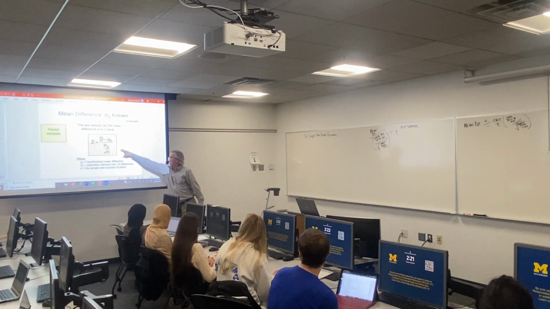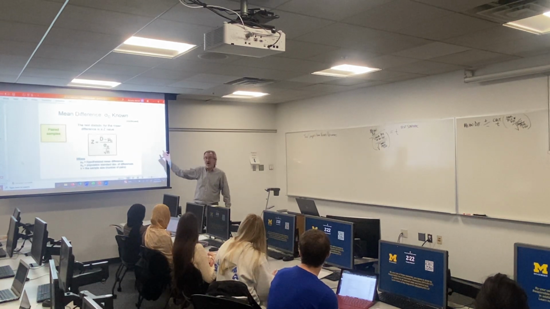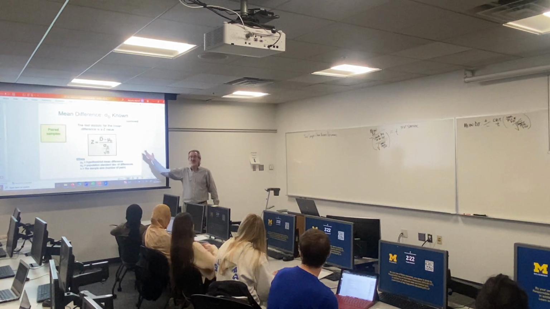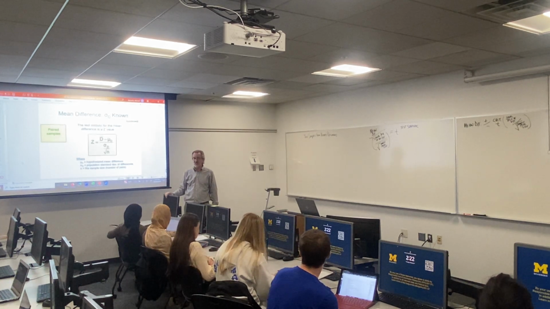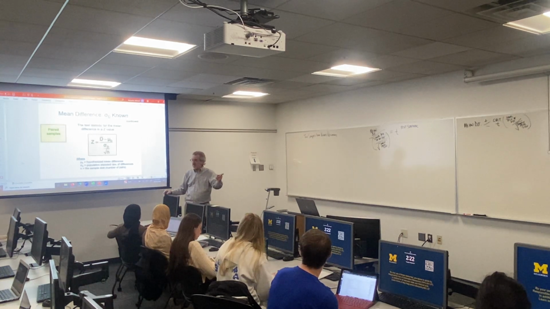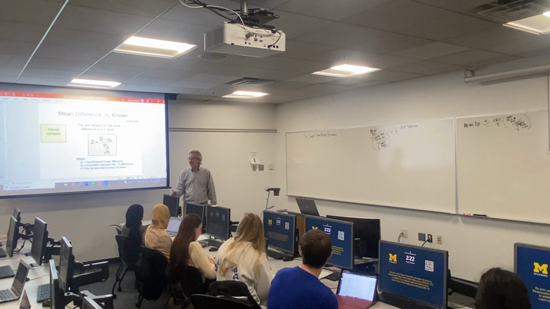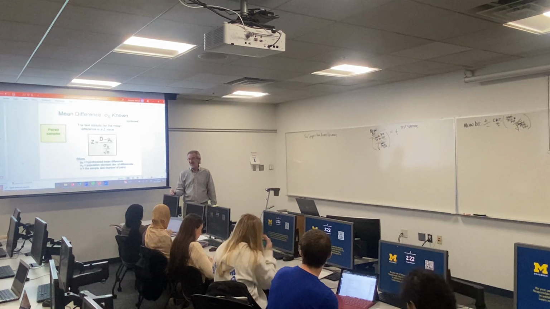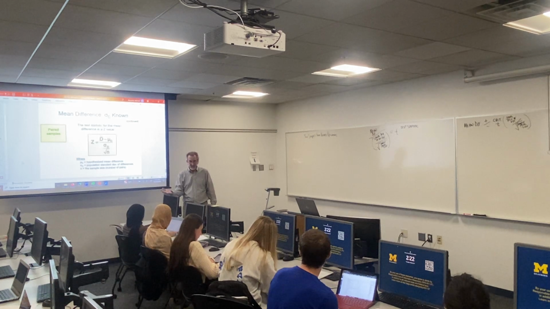Is it the same for Z and T? I'm pointing this out to show you that it is the same for Z and T. The only difference is that standard deviation of the difference. This one is the population. But I want you to ignore that. We're not even going to do Z in this class. There aren't any problems or examples in the book doing Z, because it's so common for us to not know the standard deviation of the differences in the population. But we always can get the standard deviation of the differences from the samples.